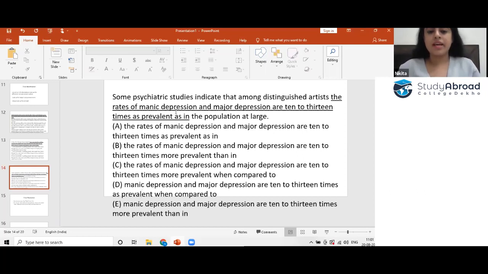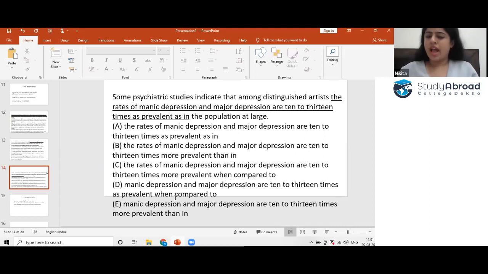Some psychiatric studies indicate that among distinguished artists, manic depression and major depression are 10 to 13 times as prevalent when compared to, versus manic depression and major depression are 10 to 13 times more prevalent than in. So the difference that D and E are bringing in front of us is that one says "as prevalent when compared to".